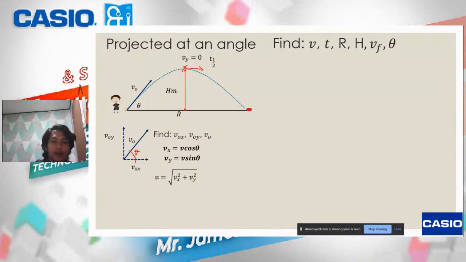So, to get the value of our v, we simply use the Pythagorean theorem. Once we get these values, we can get the value of this one. If ever, hindi natin alam yung value ng ating velocity. Okay? At ang alam lang natin yung components lang. And normally, nangyayari yan sa mga problems, sa mga endpoint. Okay?